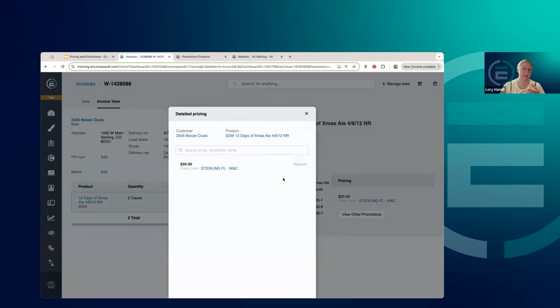Now, if there were other discounts or a BOGO or something like that that did apply to this product, I would be able to see them here. And it's at this point, depending on my permissions, that I might be able to override to a different one. The most common thing that I ran into in supporting people in promotions is it makes it to this screen when you have the promotion location set.